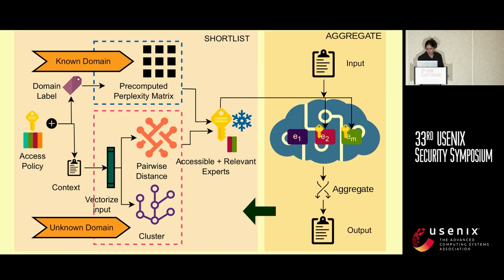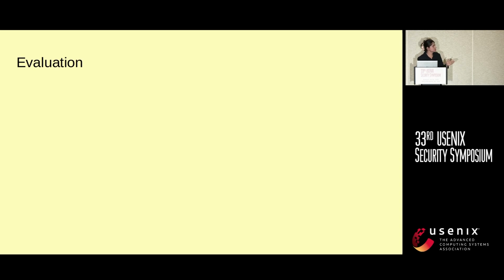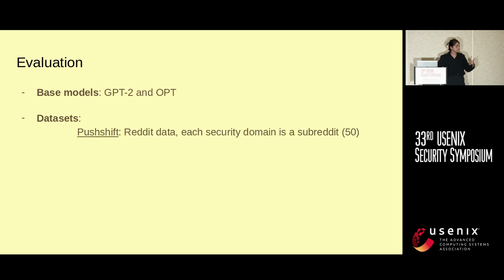For evaluation, we test two different large language models, GPT-2 and OPT. We test with two data sets. One is PushShift, a Reddit data set, and we simulate security domains by dividing the data set based on the subreddit.